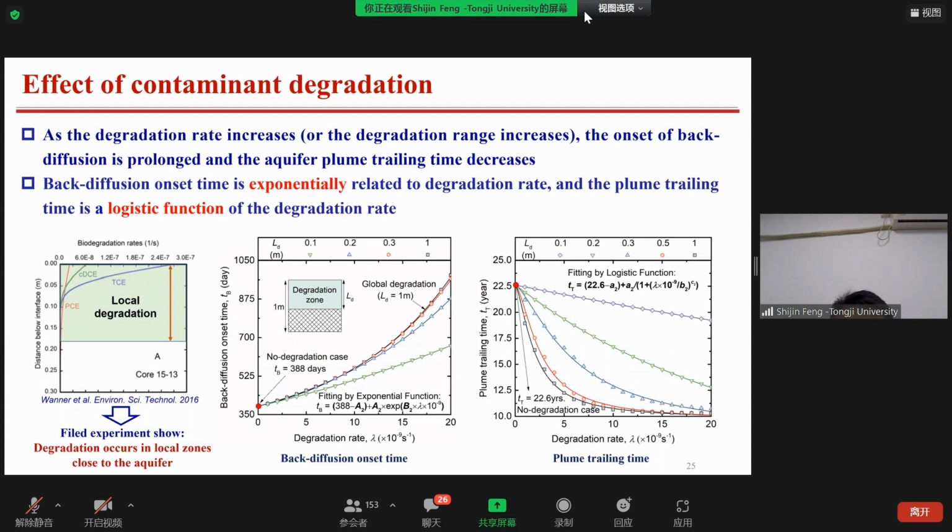In addition, the results of numerous example simulations and data fitting show that back diffusion onset time is exponentially related to the degradation rate, and the plume trailing time is a logistic function of the degradation rate.